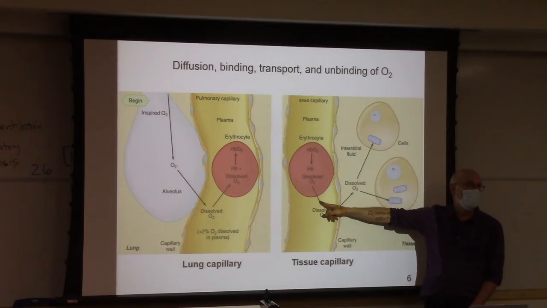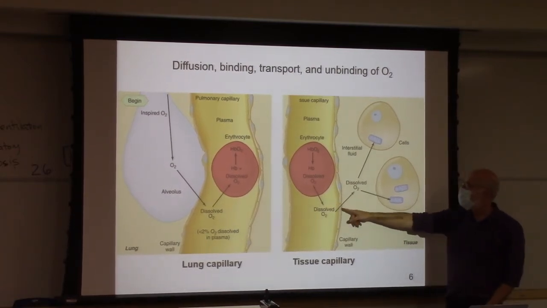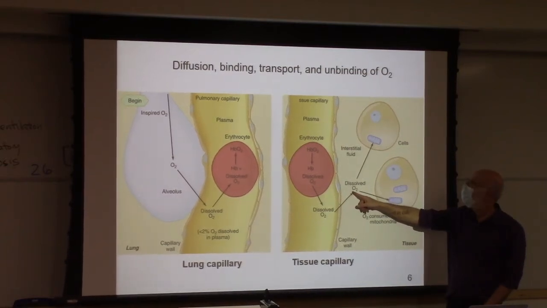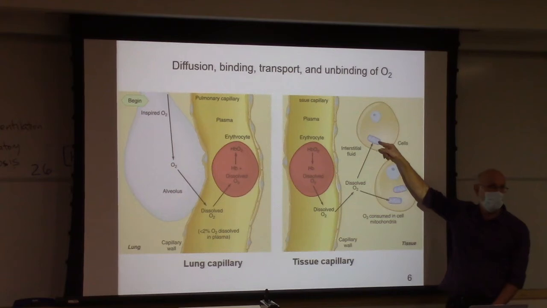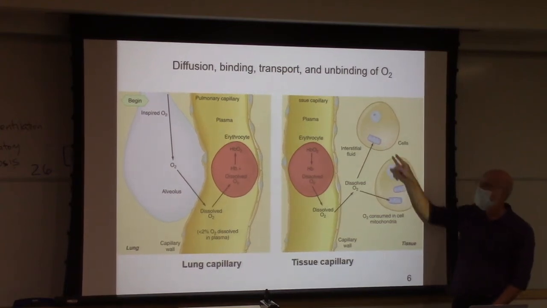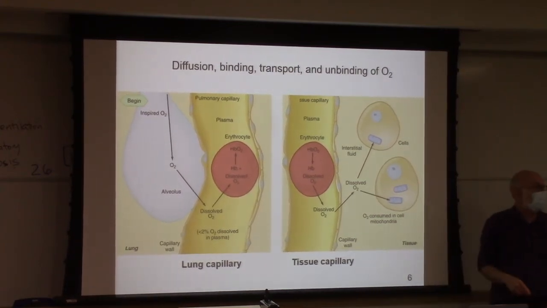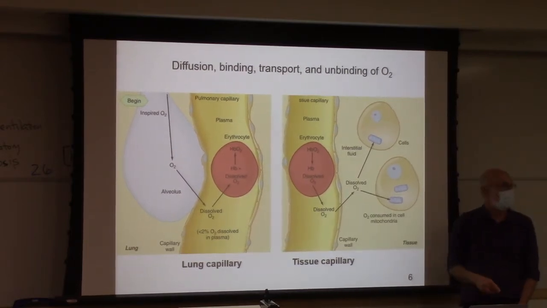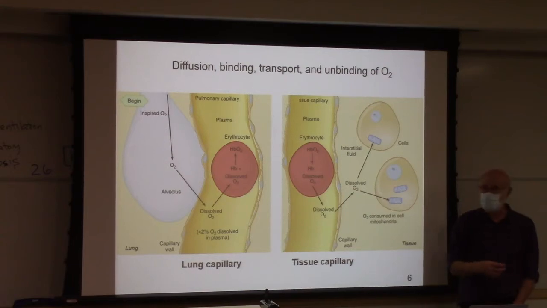What is this arrow? Diffusion. What is this arrow? Diffusion. What are these purple things supposed to be illustrating? Mitochondria, because that's where we need oxygen as the final electron acceptor in mitochondrial oxidative production of ATP.